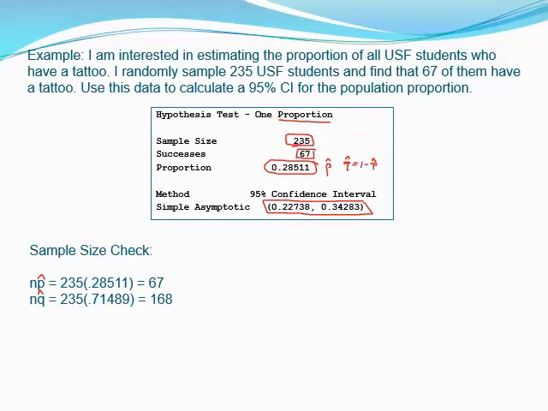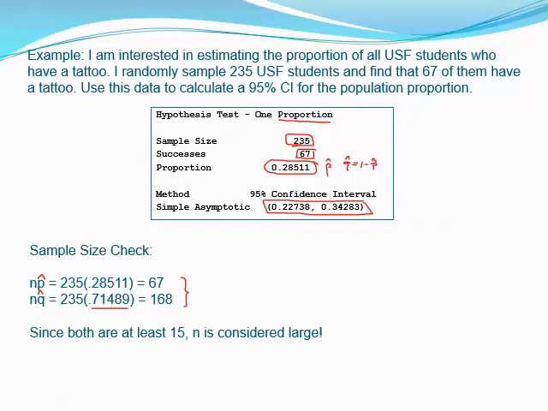What's 1 minus 0.28511? It's that number there. When you multiply the 235 times the proportion of failures, you get the number of people that said, no, I don't have a tattoo. And what you're going to see me write in my notes is, since both of these are at least 15, n is considered large.